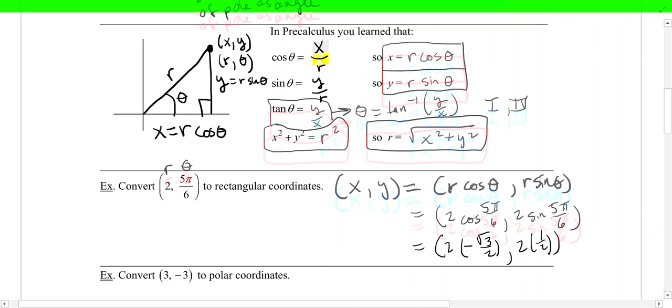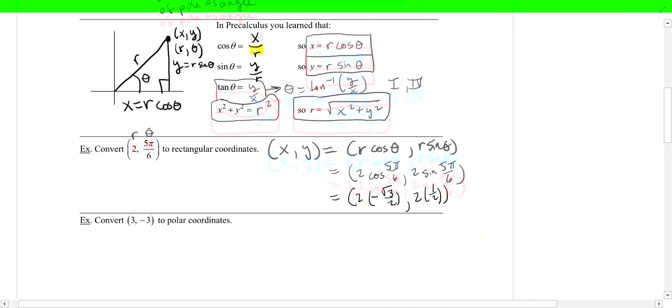When you simplify this, the 2's cancel out and you get a negative square root of 3. And the 2's cancel out again, 1. So that is our answer in rectangular.